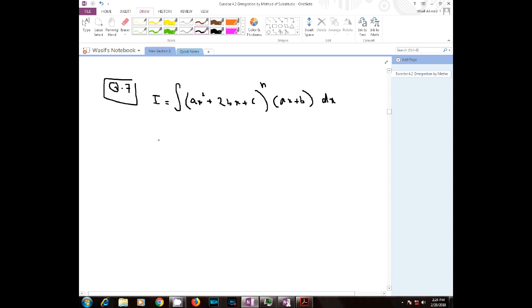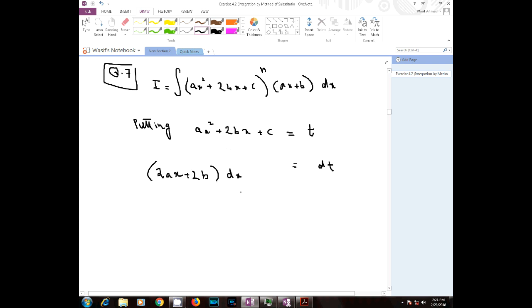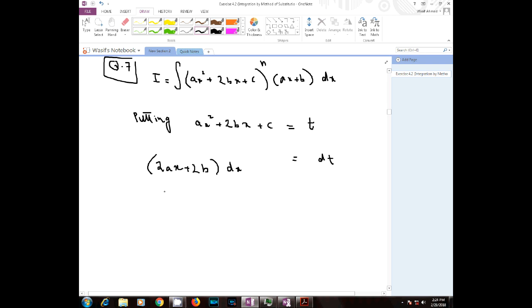You can solve it by making the substitution. So we put ax square plus 2bx plus c equal to some other variable t, then obviously dt is equal to the derivative, 2ax plus 2b, plus constant, derivative of constant is 0, multiply with dx.